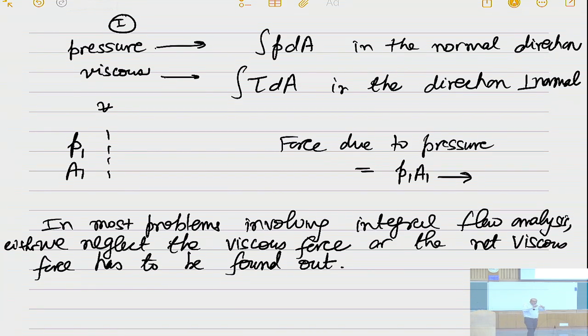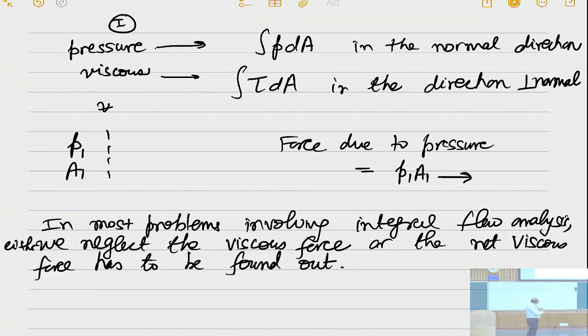So, if you have to find the net viscous force, then you will call it some force V or some force F, and you do all your calculations, and finally you will get this as an answer. So, either it is neglected or we find it.